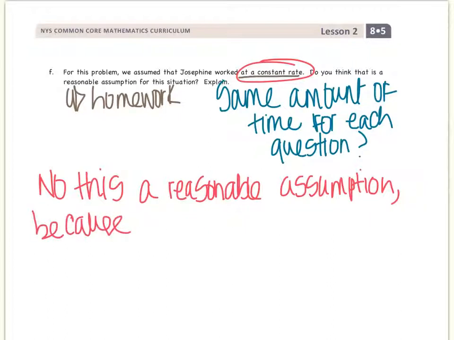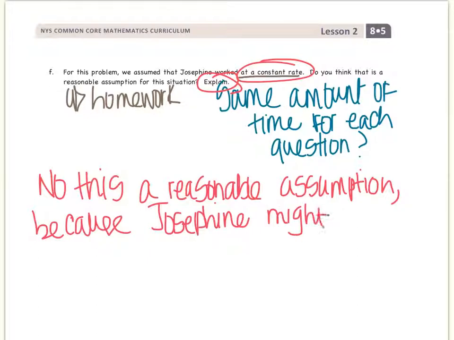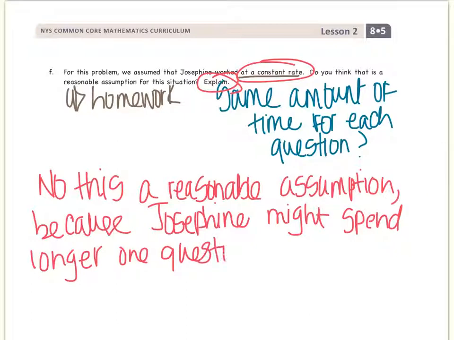Because, remember, it says explain. It's not a reasonable assumption because Josephine might spend longer on one question than she does another.